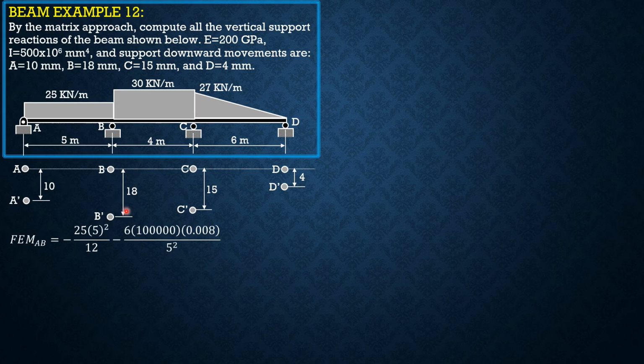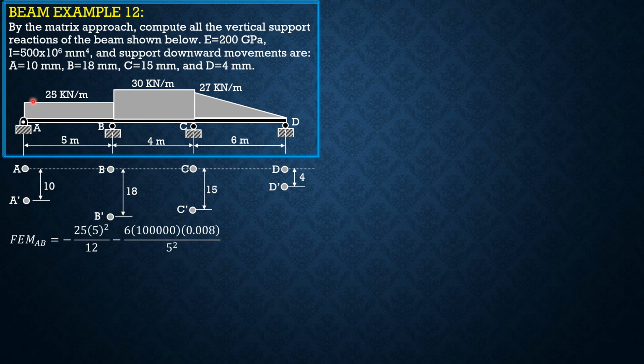So 10 to 18 means 8 mm downward, and that is treated as positive in the side sway moment formula, negative 6 EI delta over L square. So negative 6, 100,000, delta is 0.008 meter or 8 mm, divided by 5 square.